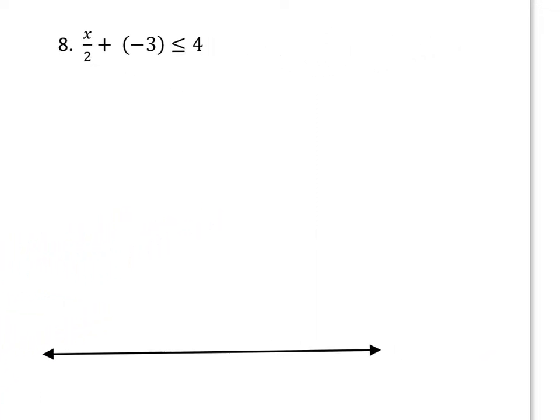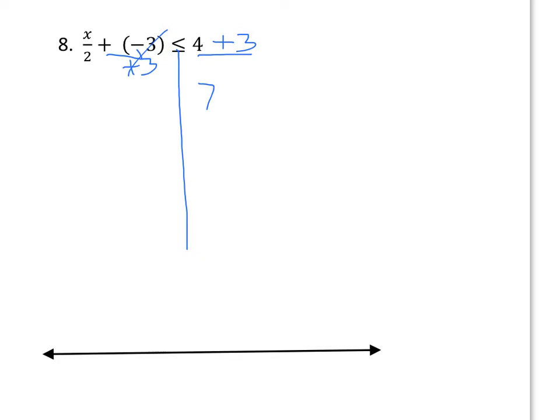All right, let's go to number 8. Okay, number 8. So again, that x is on the left side. I'm going to draw a line straight down the middle to separate the left and the right side. Now this could be a little tricky. If you're adding a negative, it's really the same thing as just subtracting 3. So to cancel it out, I'm going to add 3. Negative 3 plus 3 is 0. That goes away. I add 3 here. So on that right side, this 4 plus 3 gives me 7.